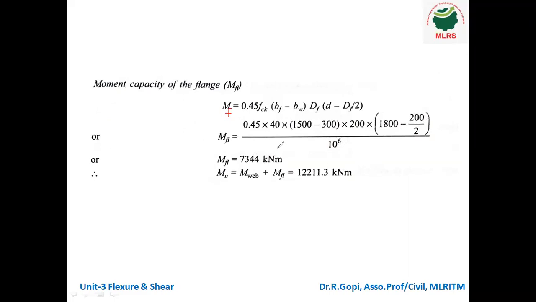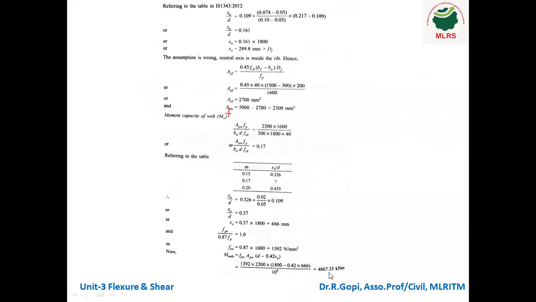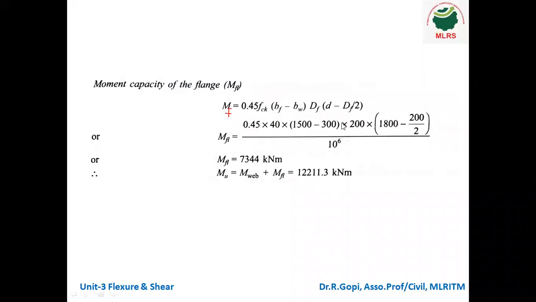Since there are two segments, one is flange and another one is web, we have to calculate separate moments of resistance, one from web and another from flange. Previously we found 4867.3, which is only for web, not flange. For flange, with this formula, we got 7344.